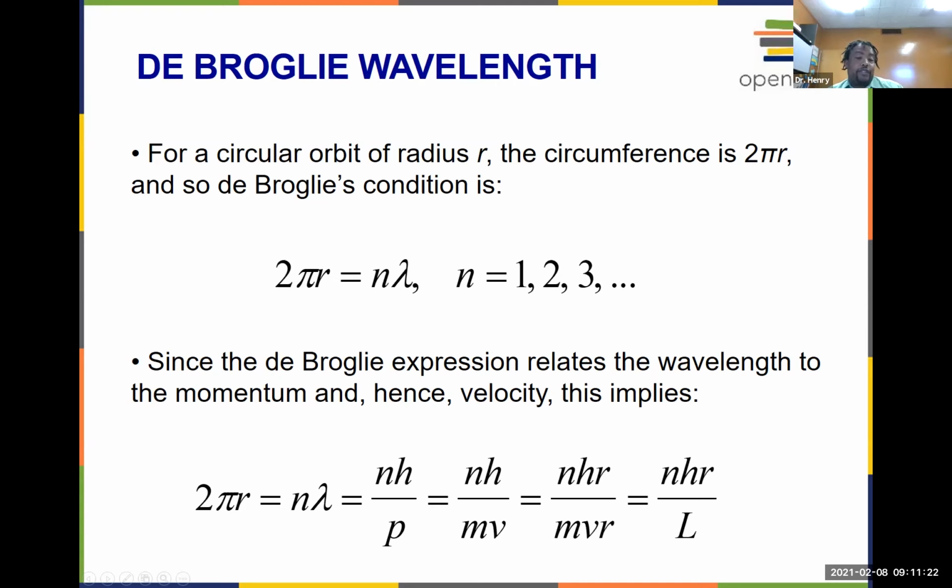So if we plug that into this modified equation, we end up getting 2 pi r and lambda. So then we can change this where P represents the momentum. We can go n times h divided by m v.